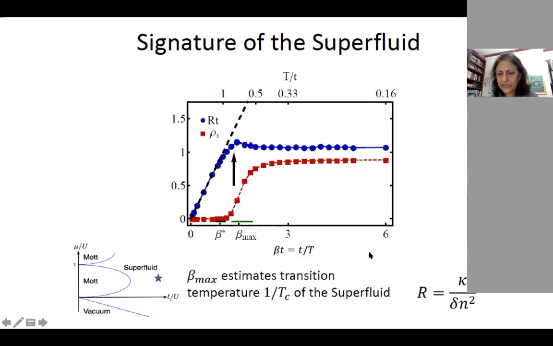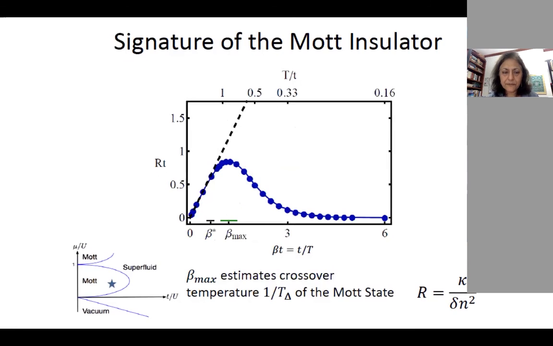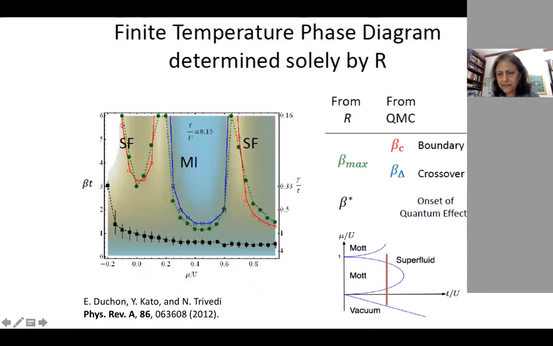Again, not to dwell on that too much, but you can start reading off temperature scales from this behavior. When you go to the MOT, then R as a function of beta has a very different behavior. And again, you can analyze these things in more detail. Okay, so I don't want to get too much into this. This is a whole other big discussion on fluctuations and how they don't show the same temperature dependence in quantum systems.